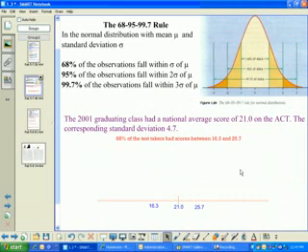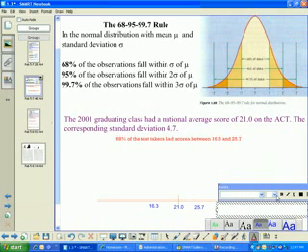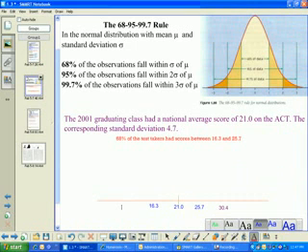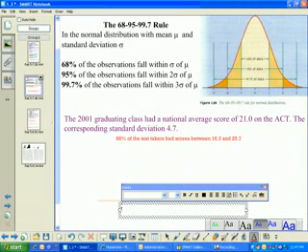Now, the next one out says 95% of the observations fall within 2 standard deviations of the mean. So essentially all that I'm going to do is add another 4.7. Let's change this color. And subtract another 4.7.